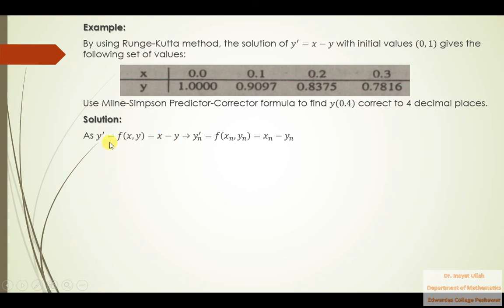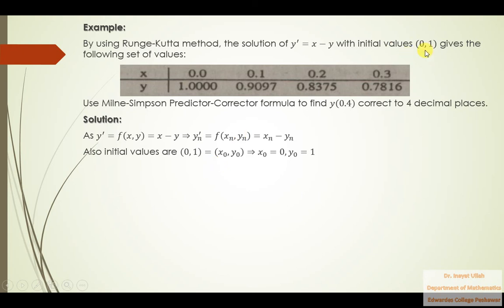From here, add the subscript n in all these variables, n here, n here, n here, and n here as well. So the function of x n, y n is x n minus y n. That is given to you.